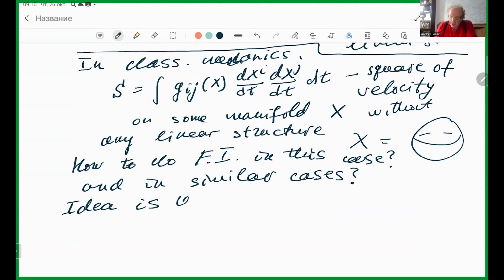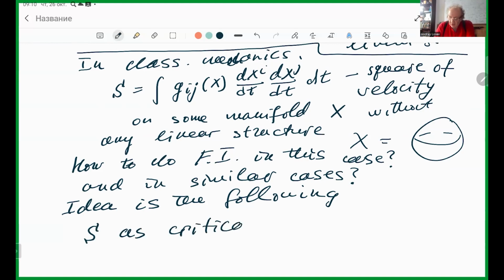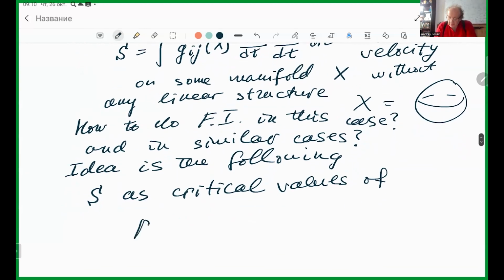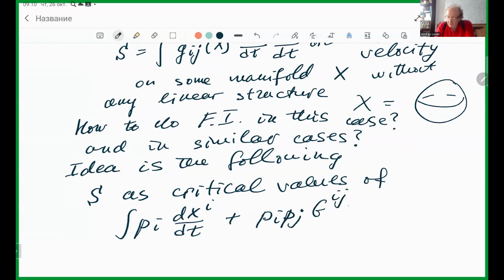The idea is the following. Understand S as critical values of... I'd like to put J here.